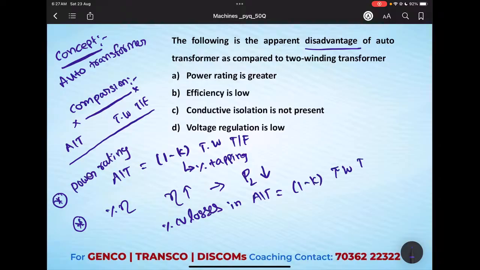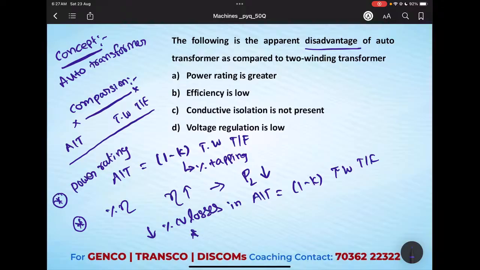Similarly, here k is percentage tapping. Okay. Next thing is, by seeing that we can come to know that copper losses are less, so efficiency will be definitely going to be high for auto transformer. It is also going to be advantage only.